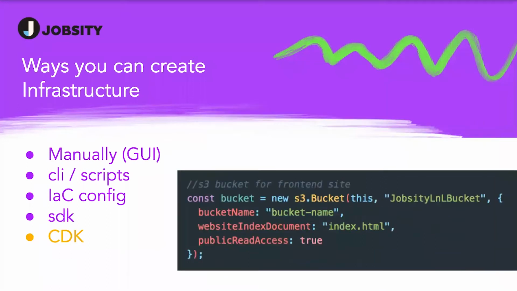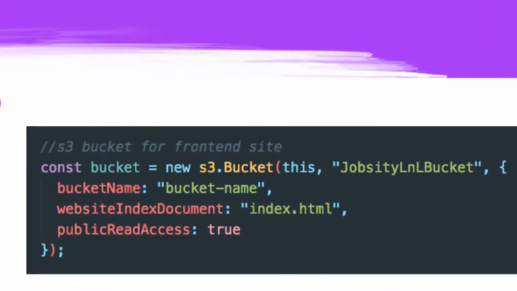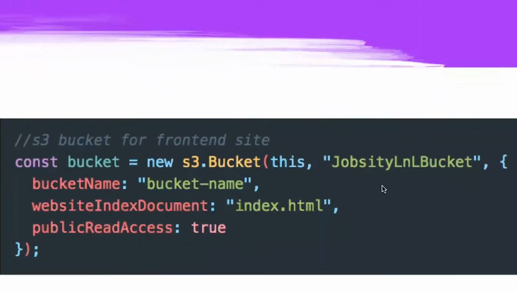And the final one is the one we are going to focus on here, which is the CDK, right? It looks easy, as easy as creating an object. And I think after Hello World, this is the next thing we usually do, right? Creating an object from a class. So the good thing is that you don't need to learn anything new.